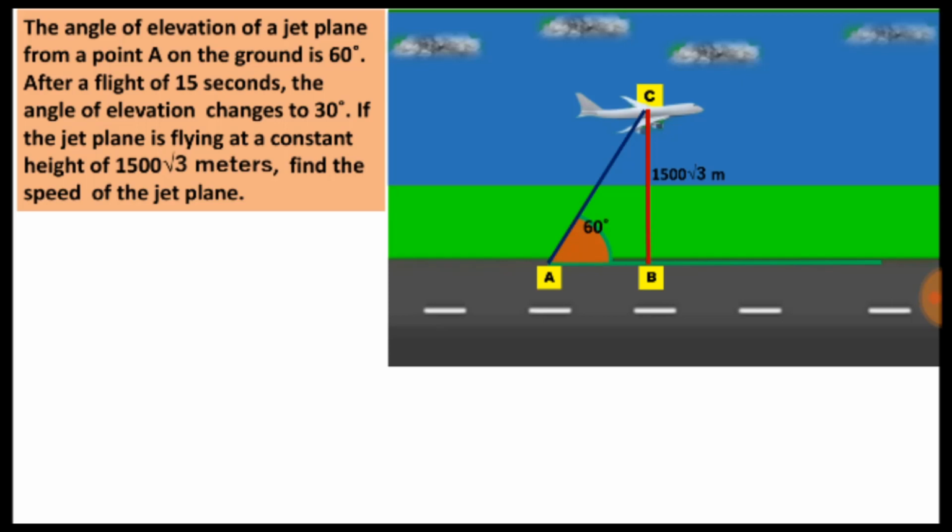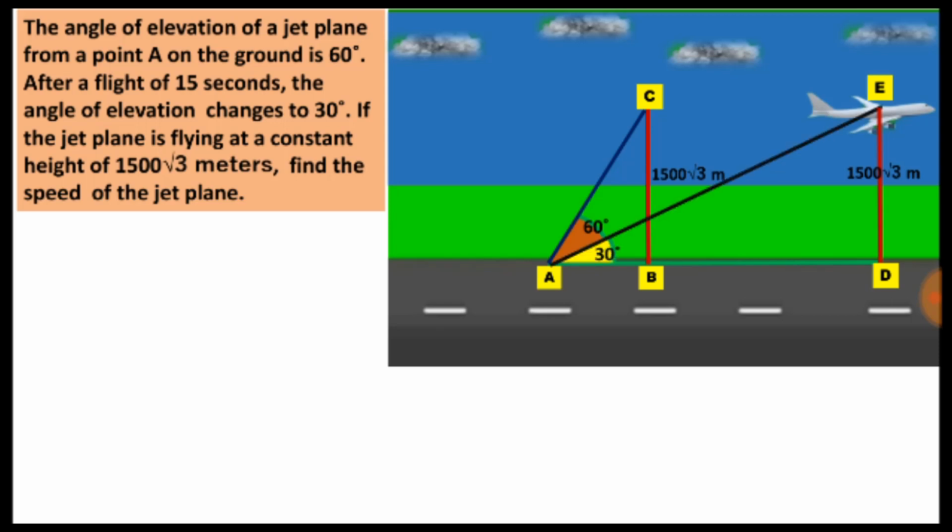Now after this, the jet plane travels 15 seconds forward. After traveling the 15 seconds, the observer from point A observed the jet plane again with an angle of elevation 30 degrees.